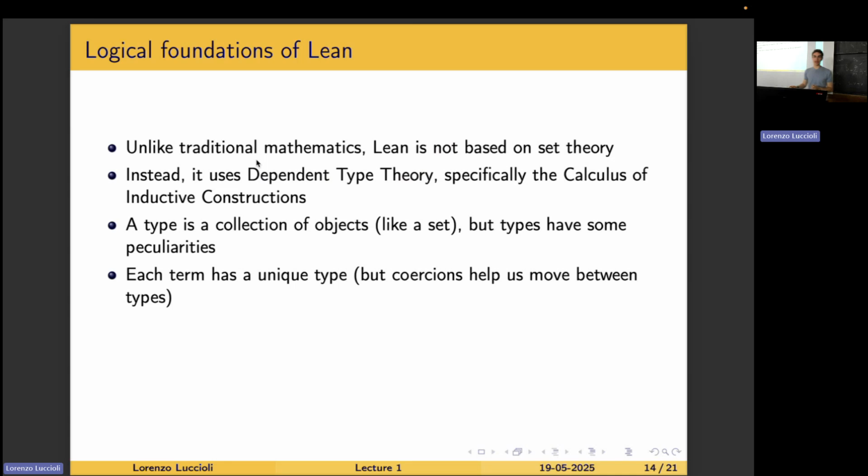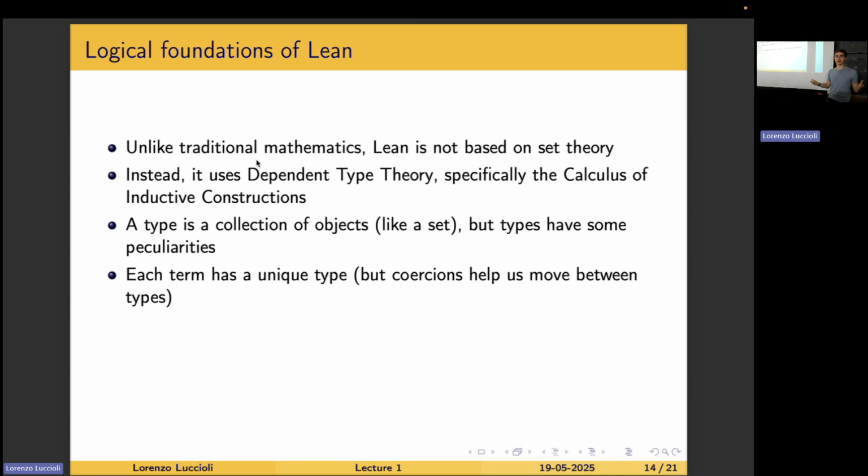The first thing, and probably the major thing that differentiates set theory from type theory, is that a term can have only one type. While in set theory, we know that an element can be an element of multiple sets, like a natural number, which is also an element of the integers, of the reals, of the complex numbers, and so on.